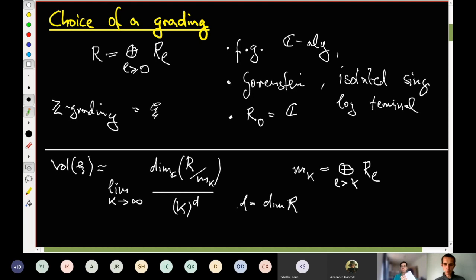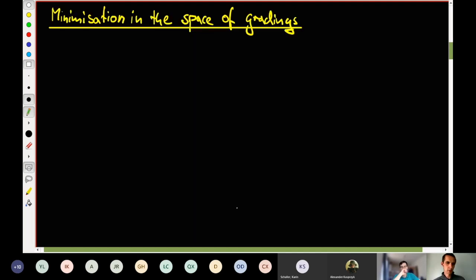In order to solve such a minimization problem, it would be good to have some understanding of the space where these gradings live. This is what I want to talk about next. So we want to put our gradings into some space and then run a minimization problem on this space of gradings, if you want.